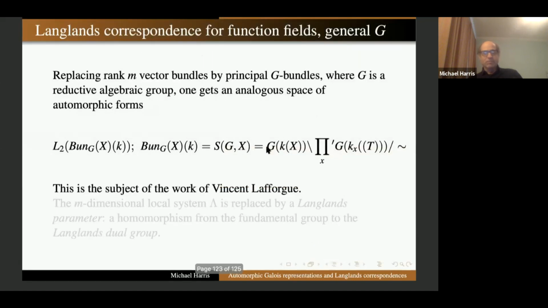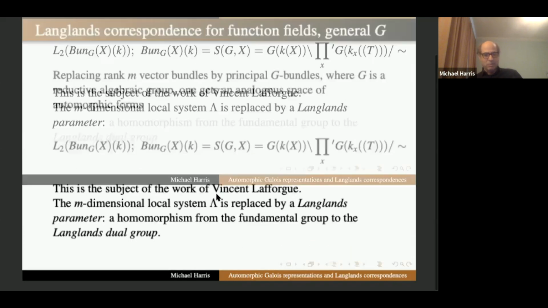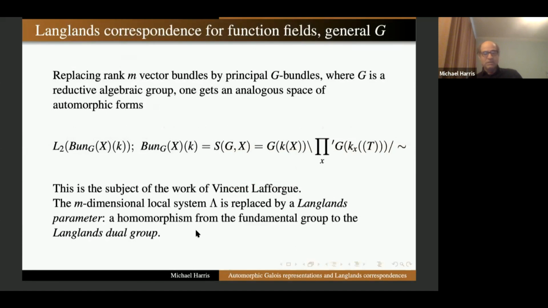And Vincent Lafforgue proved a theorem that gives half of what his brother proved, but for a general group. All right, but now, what corresponds to lambda? Lambda was a local system. Instead of a local system, we get a Langlands parameter, which is a homomorphism from the fundamental group to the Langlands dual group.